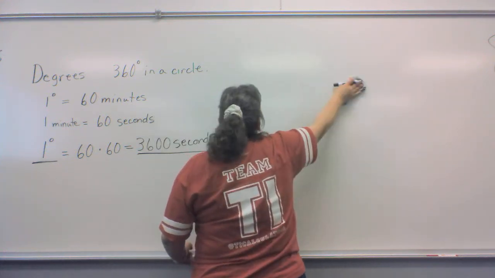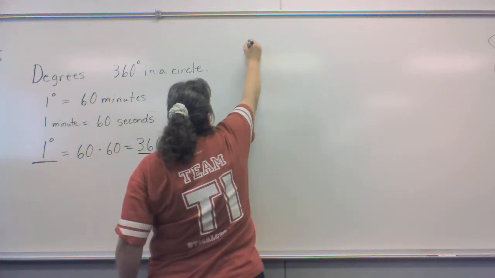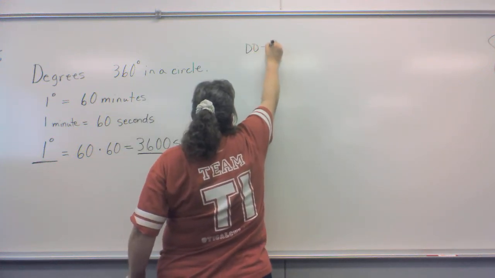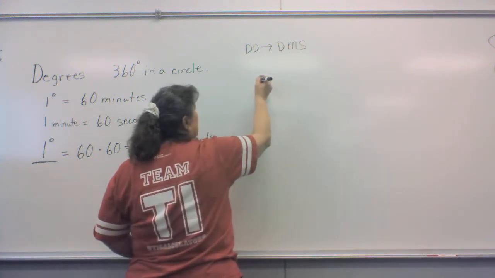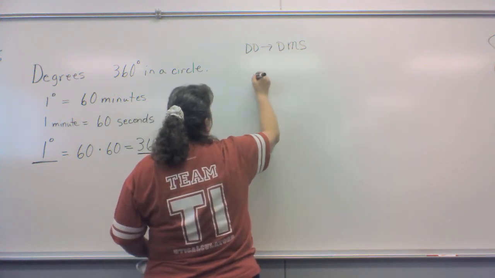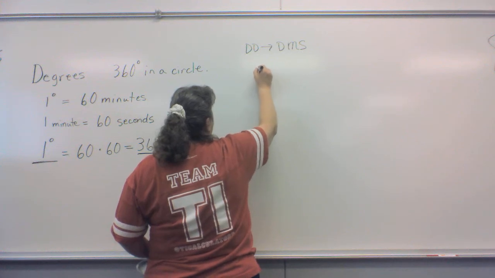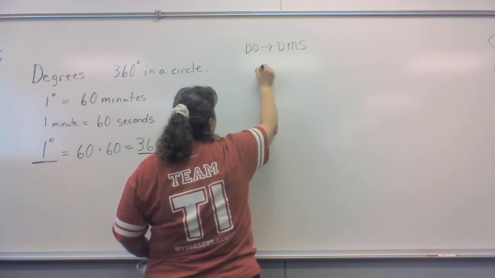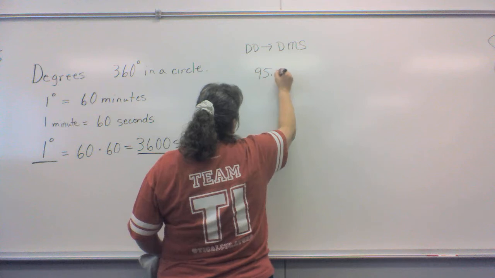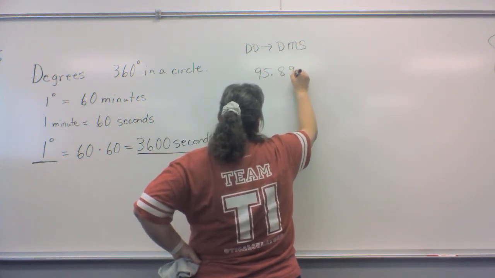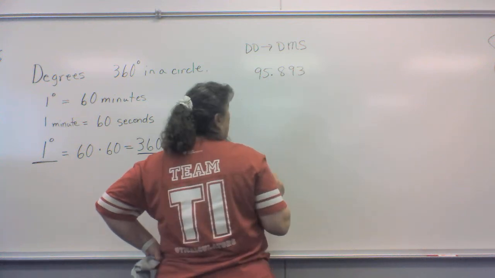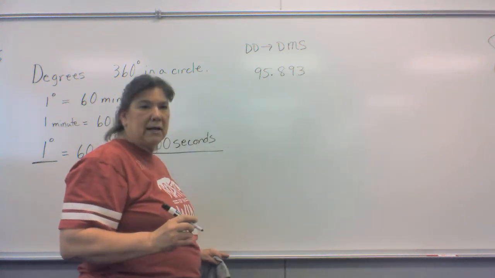Okay, so first of all, let's go decimal degree to degree, minute, second. So decimal degree, how about 95.893. Okay, now it's going to be more complex.